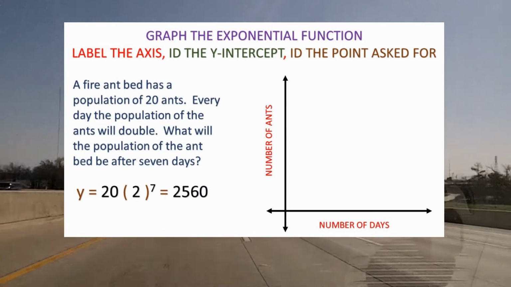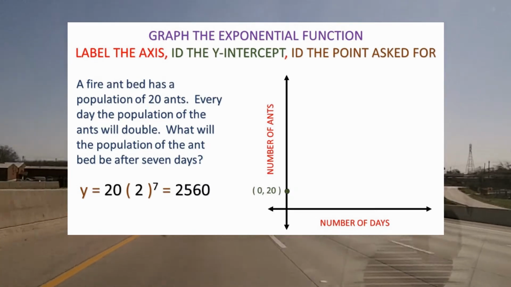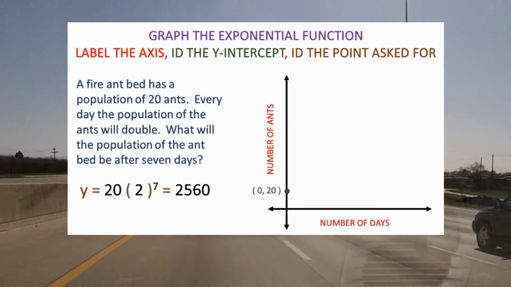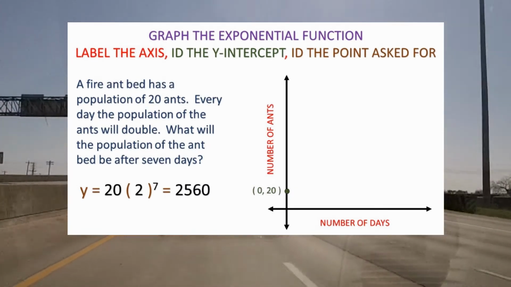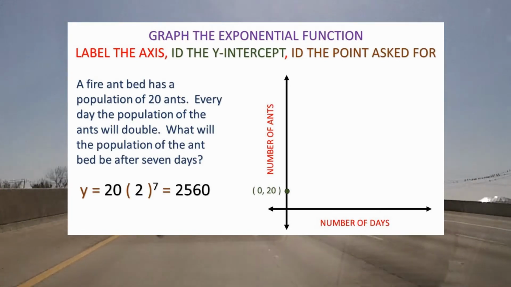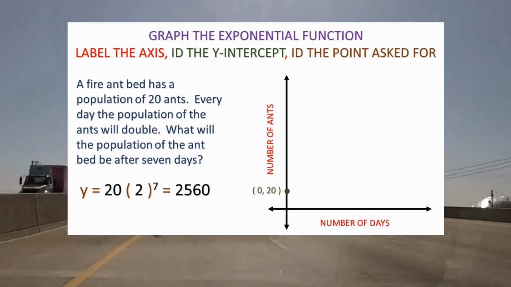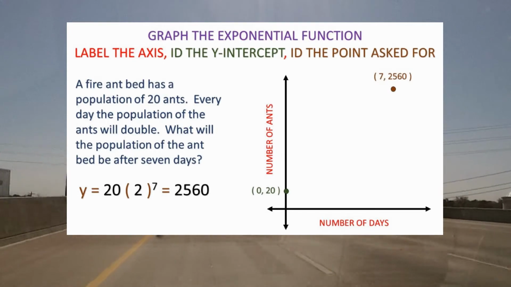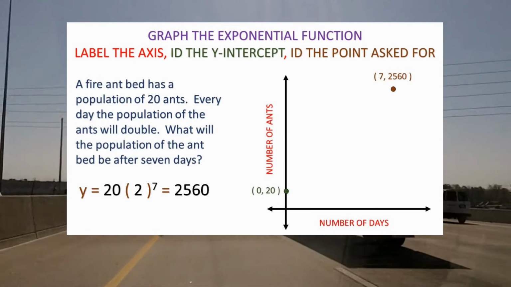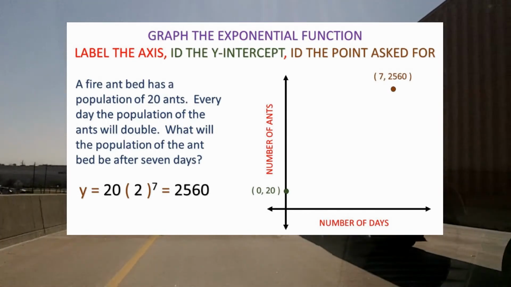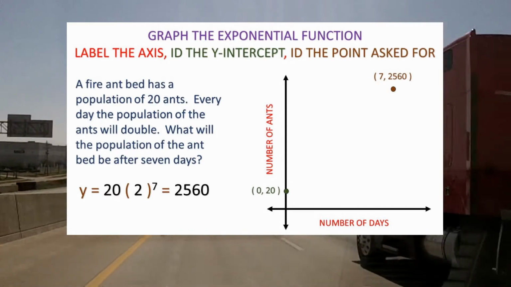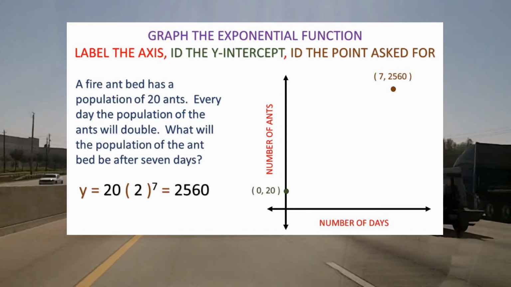Now we're going to plot the y-intercept, which is 20. So on the bottom of the y-axis, plot a point and put (0, 20). Next, we'll identify the day asked for, which was 7, 2,560. So at the upper right-hand corner of the first quadrant, put (7, 2,560).